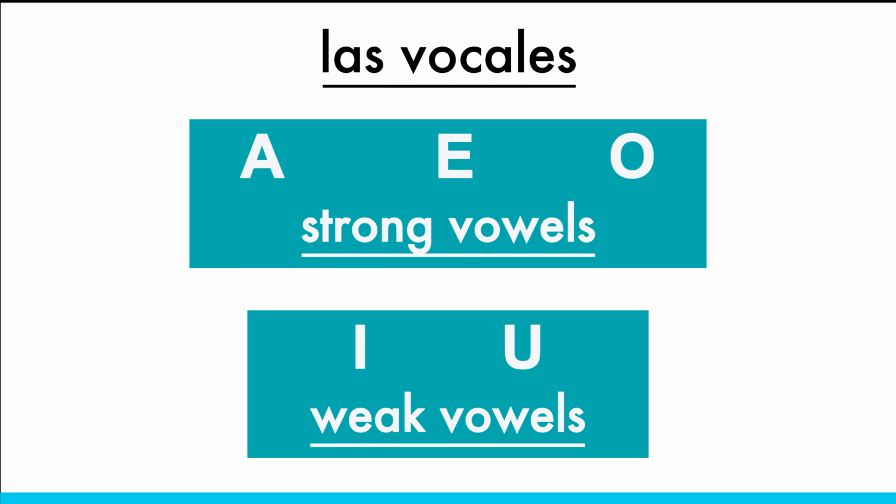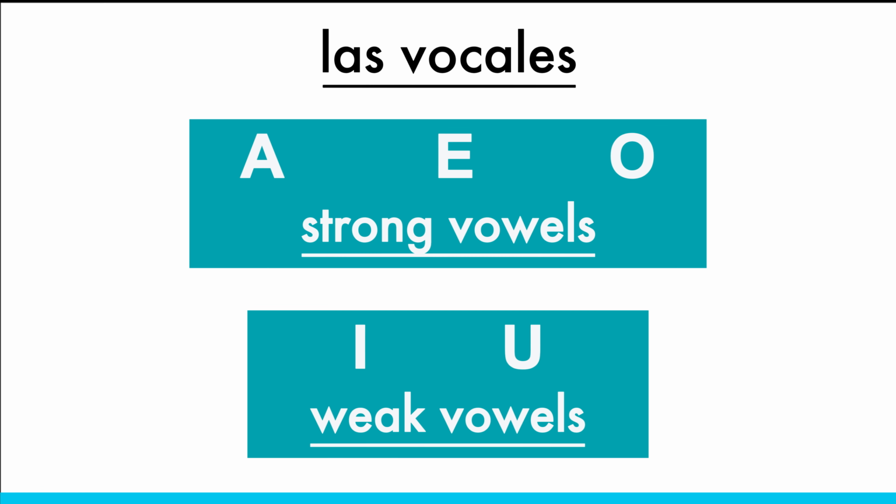You probably already know that the vowels are A, E, O, I, U. A, E, and O are considered strong vowels. I and U are considered weak vowels.